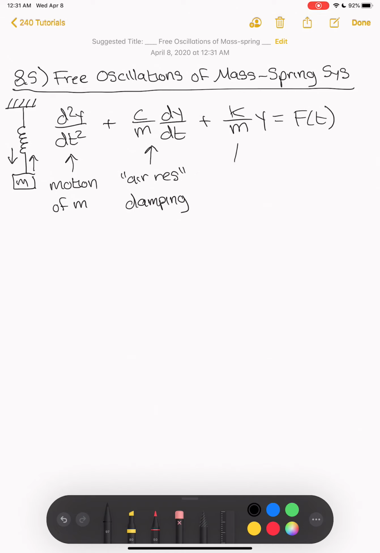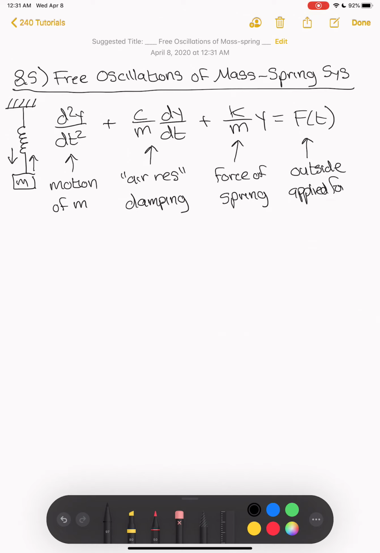And then this last term here is due to the force of the spring. Nothing too fancy there. And then finally on the right-hand side, we have some outside applied force.